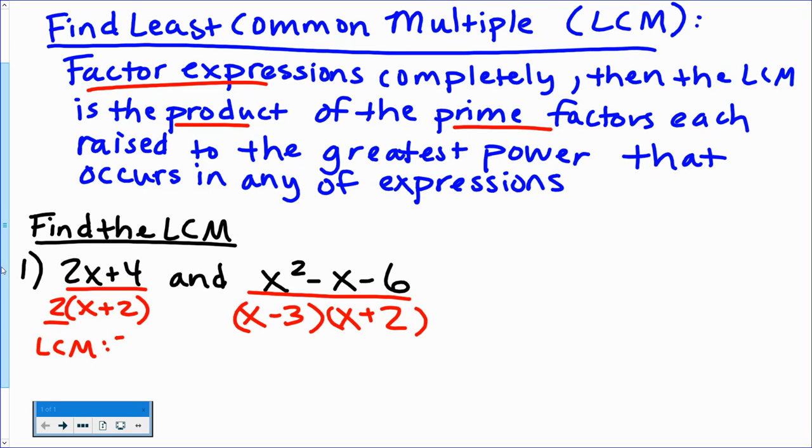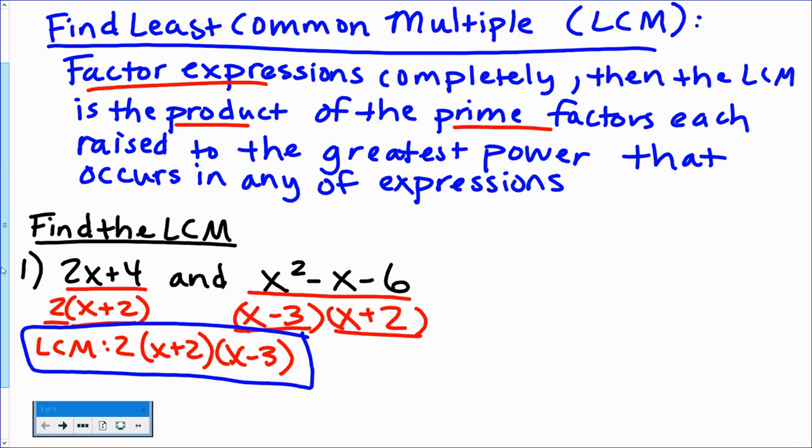So 2 is a prime factor. x plus 2 is a prime factor. So I've taken everything from that first expression. And then I've got x minus 3. And I already have x plus 2, so I do not need to put it again, because I need all of the different prime factors in any of the expressions. So I do not need to repeat it. And this would be my least common multiple.